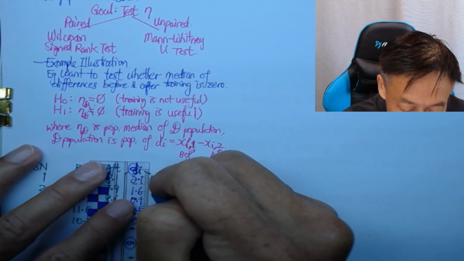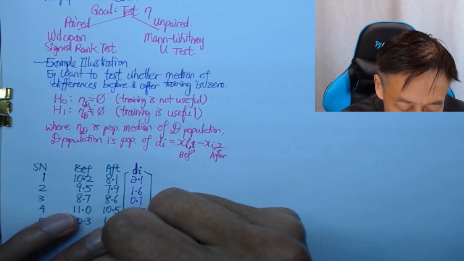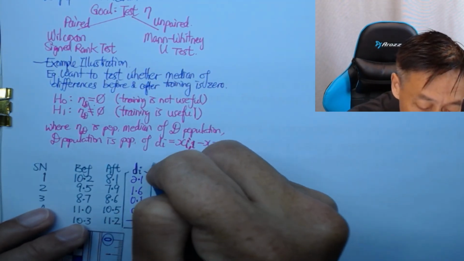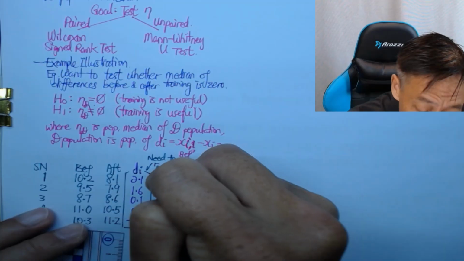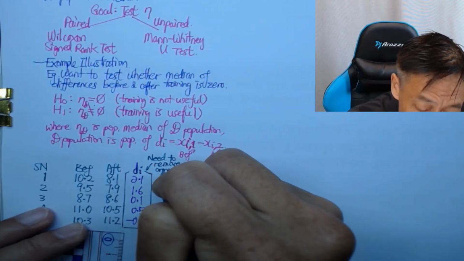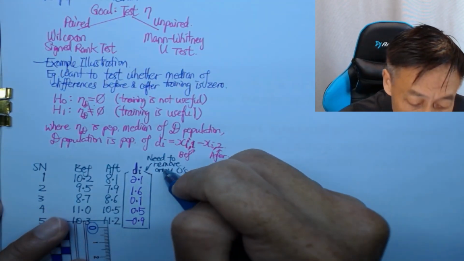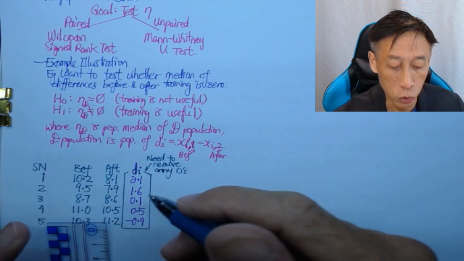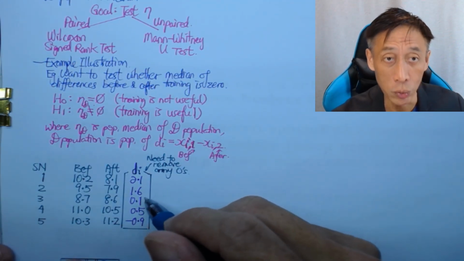Do that and remove any zeros. So we need to remove any zeros, but we don't have any. If we do remove any zeros, then the shrunk count is our n, our so-called sample size.